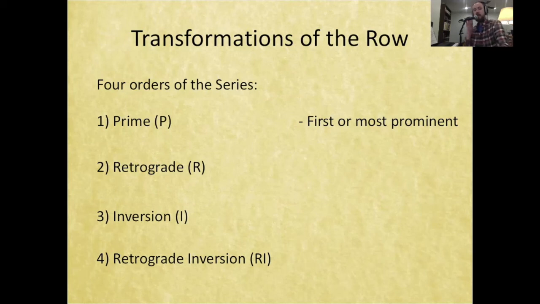So we've got prime, retrograde. Retrograde is just a fancy word for backwards, right? So the retrograde order is taking prime and just doing it, instead of starting on the first note, you start on the last note. Retrograde, doing prime backwards. Inversion, this is complicated in how to do it, but is not complicated in what it means.